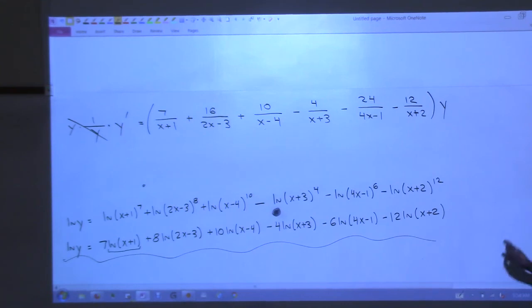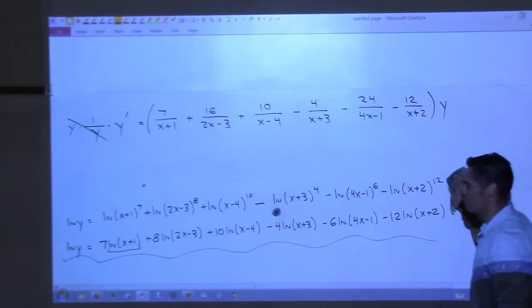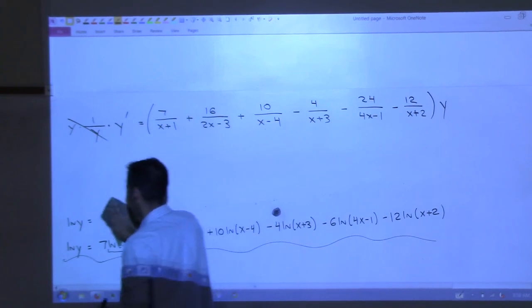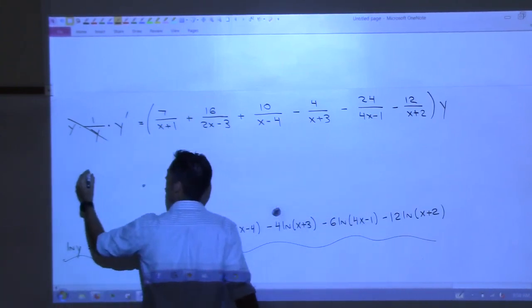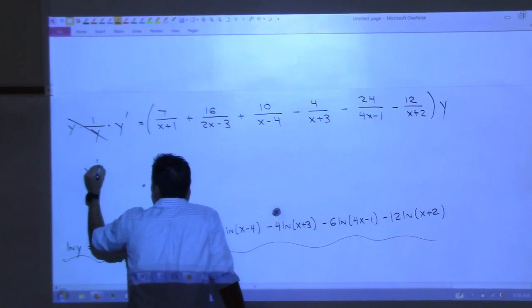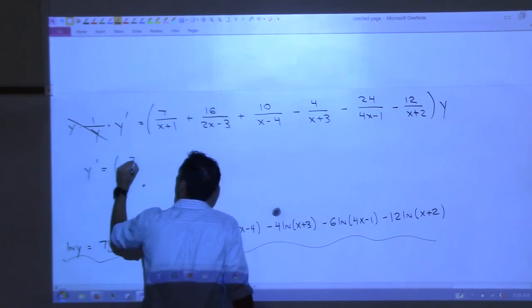But what is y? Y is the original function. So I'm going to write my answer now. It's going to look horrible. But the derivative, how we got it, is not that bad. It's not that bad?